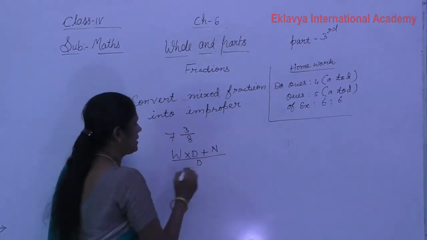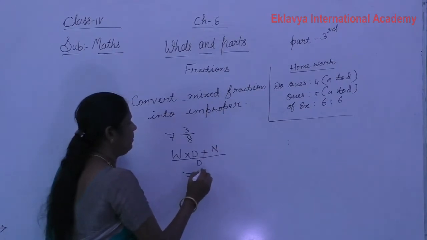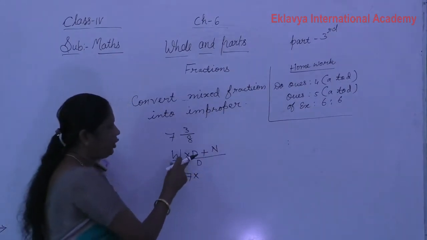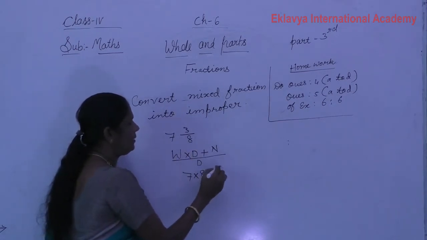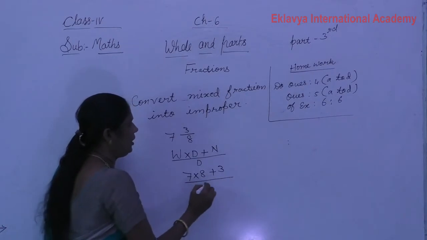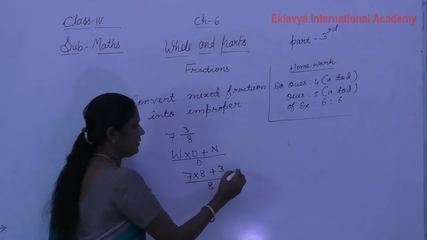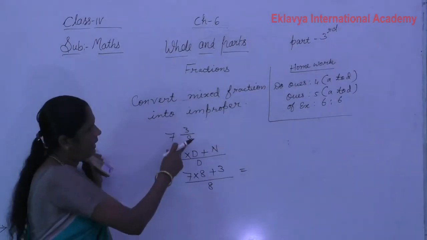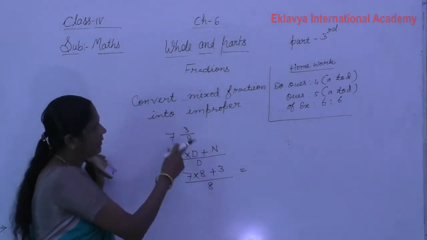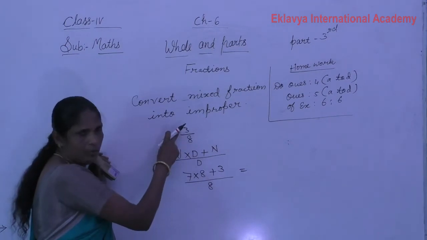Now 7 multiply denominator 8 plus numerator 3 upon denominator 8. 7 is our whole number, 8 is our denominator, then 3 is our numerator.